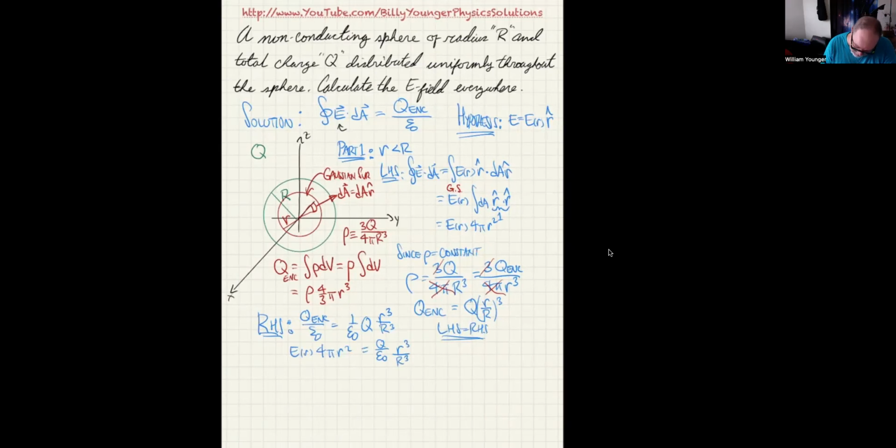Now, what happens here is you can see that two of these exponents, namely the r squared and the r cubed, disappear and leave just r to the 1 power by canceling out.